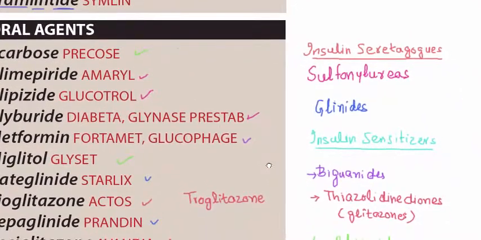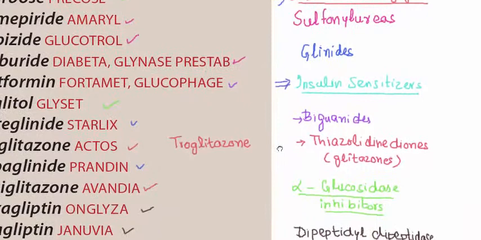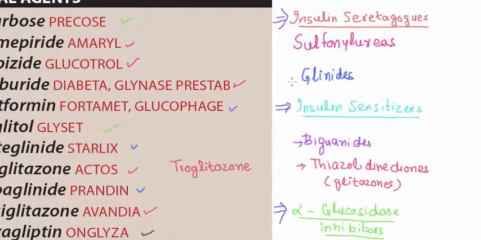In the oral hypoglycemics, we have insulin secretagogues, then insulin sensitizers, then alpha-glucosidase inhibitors, and finally dipeptidyl peptidase 4 inhibitors, right? And in the insulin secretagogues, we have two types of drugs: sulfonylureas and glinides.